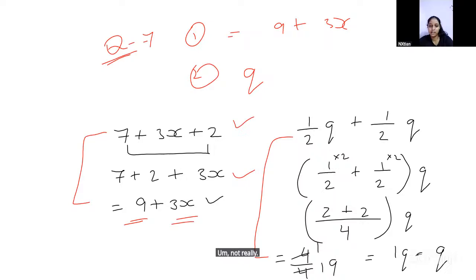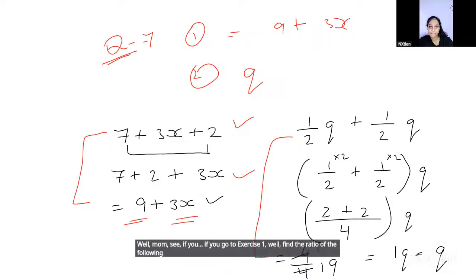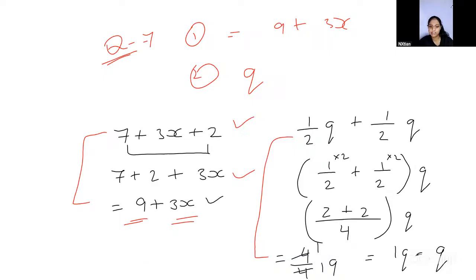Mostly you have normal numbers only coming in the ratios. No, ma'am, see, if you go to exercise 1, find the ratio of the following, they mean for us to simplify it, right, ma'am? Yes, they want you to simplify it. They've given 2.5 and 7.5, ma'am. How would I be able to simplify that?